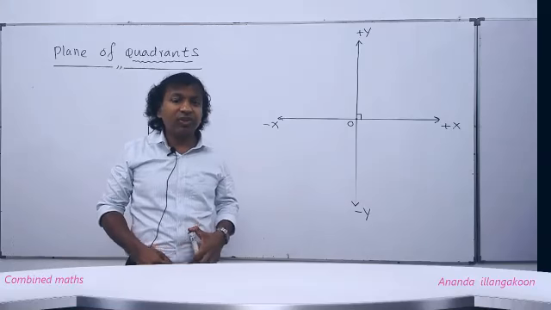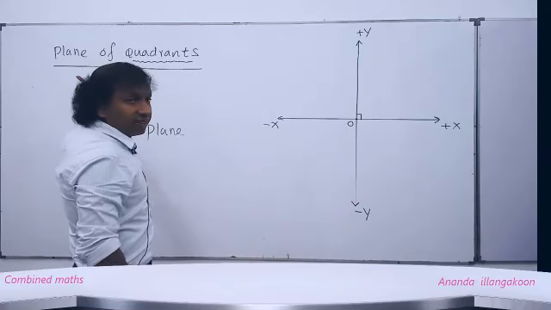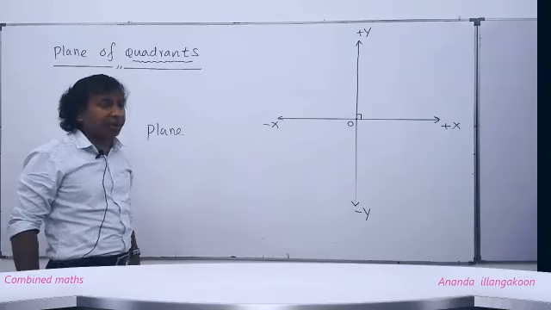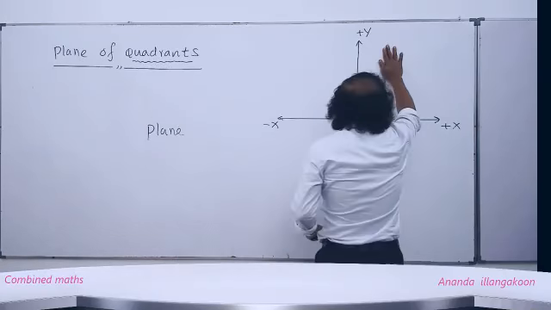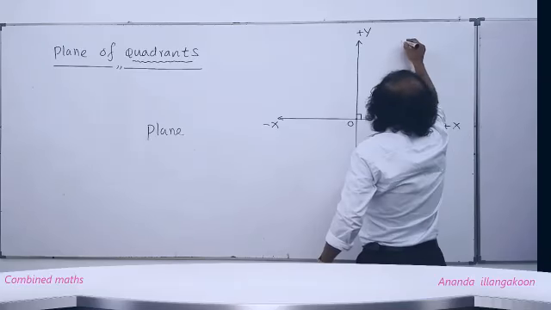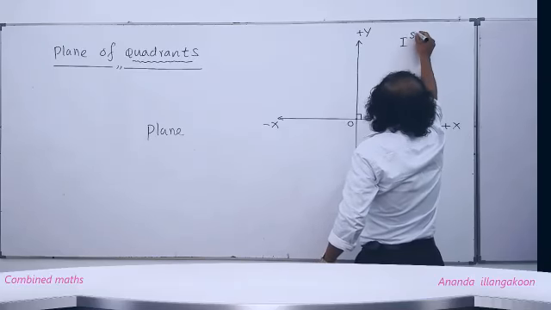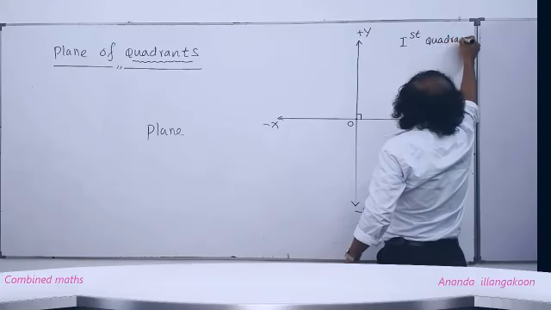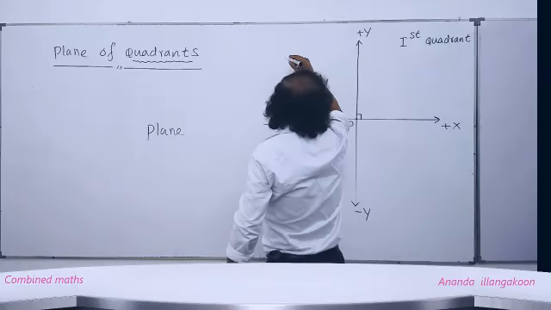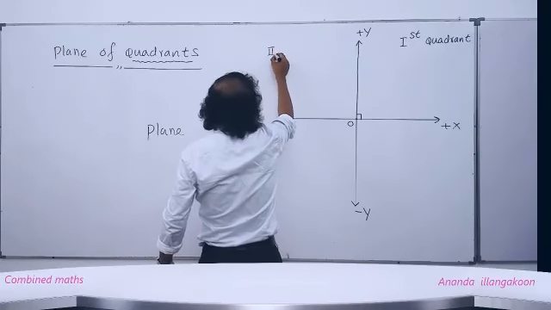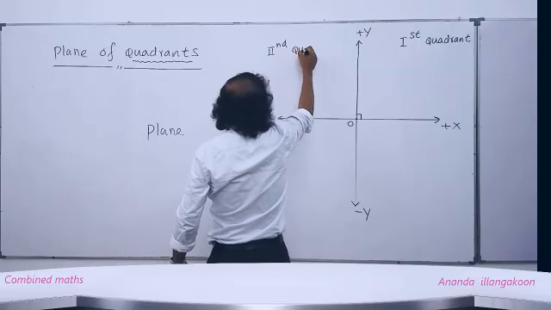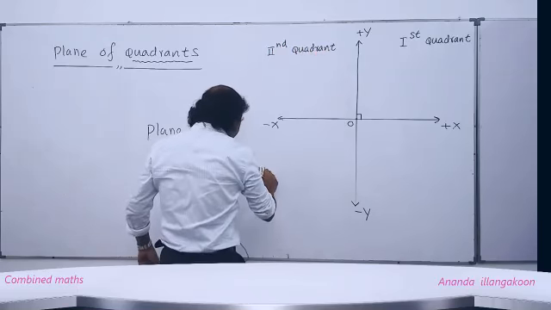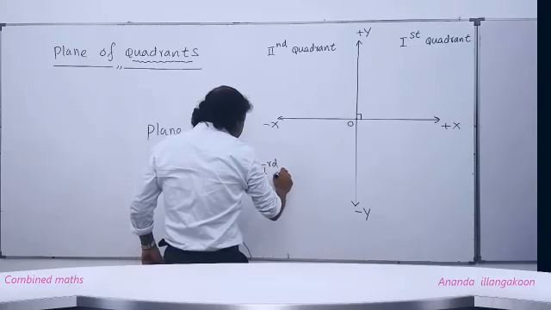And that plane only, people, we define here as plane of quadrants. Understand? Right. Then this region we define as first quadrant. This one is second quadrant. This is third quadrant.